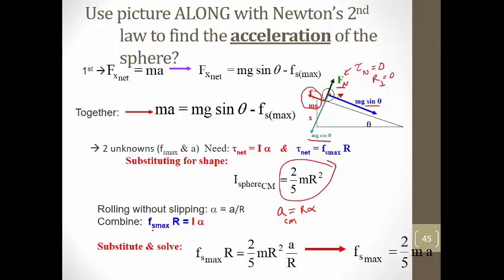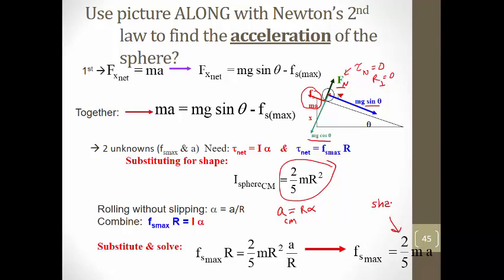So now I know the torque is the force of static friction maximum times the radius of my sphere. And that in turn equals I times alpha. So I'm going to substitute in here a divided by R. And if I do that, I end up with a very interesting situation where I end up with a value for the force of static friction maximum that is based on the shape.